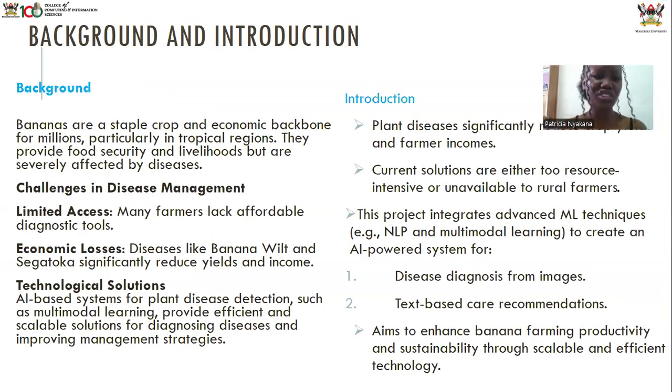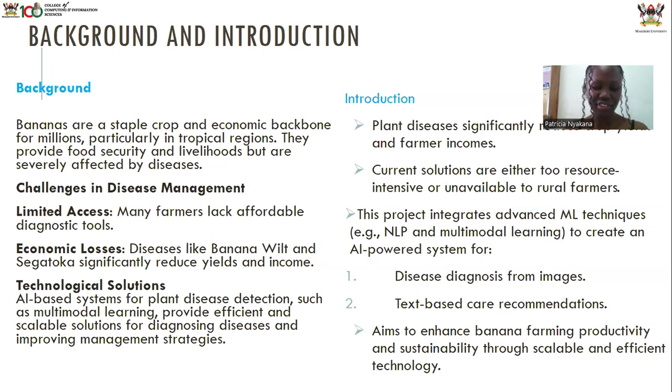For the background and the introduction, bananas are vital crops for food security and economic stability in most tropical regions, and that includes Uganda. But they also have challenges of being affected by severe diseases like the Xanthomonas wilt and Sigatoka.